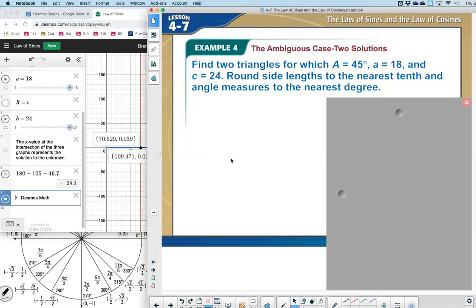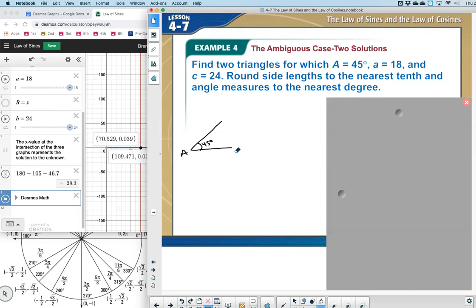So remember how I said this earlier? If you have a triangle, and I'm going to do my best to give you a 45-degree angle here. If this is 45, we're going to ask ourselves, is it possible that I have an angle that is 70.5? Is it possible to have one that's 109.5?